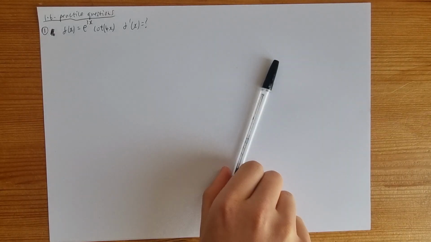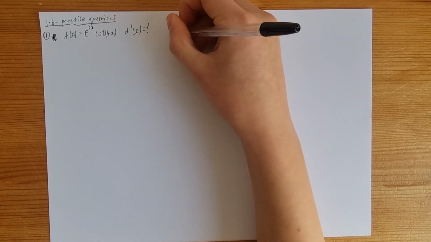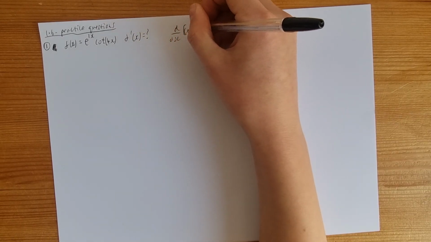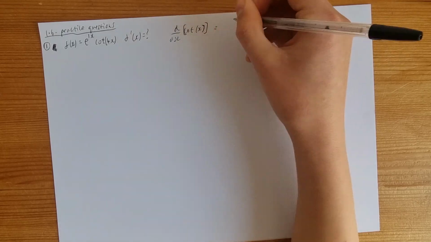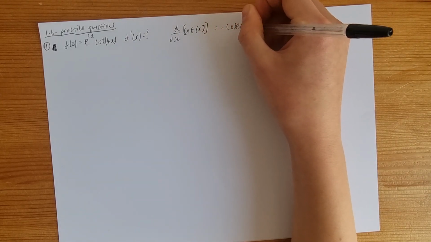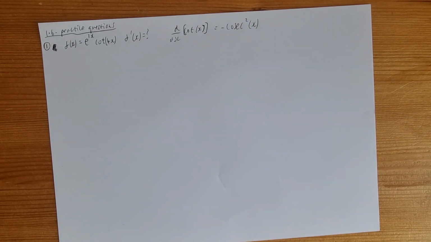The derivative of cotangent of x, so d over dx of cot x, is equal to negative cosecant squared of x. Now, of course, you could have derived that yourself, but just for the sake of saving your brain and time, here it is.